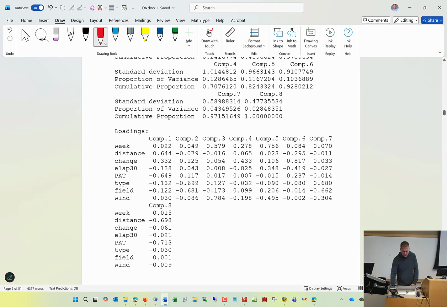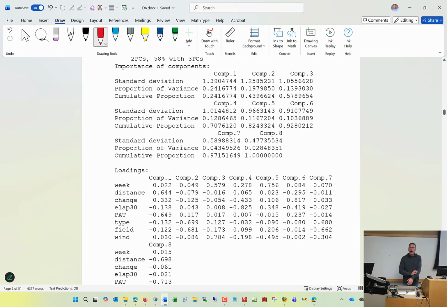And let's actually take a look at this. So how many principal components do you think will be appropriate for this data set? Four or five. Probably at least 4. Four explains 70% of the variability.